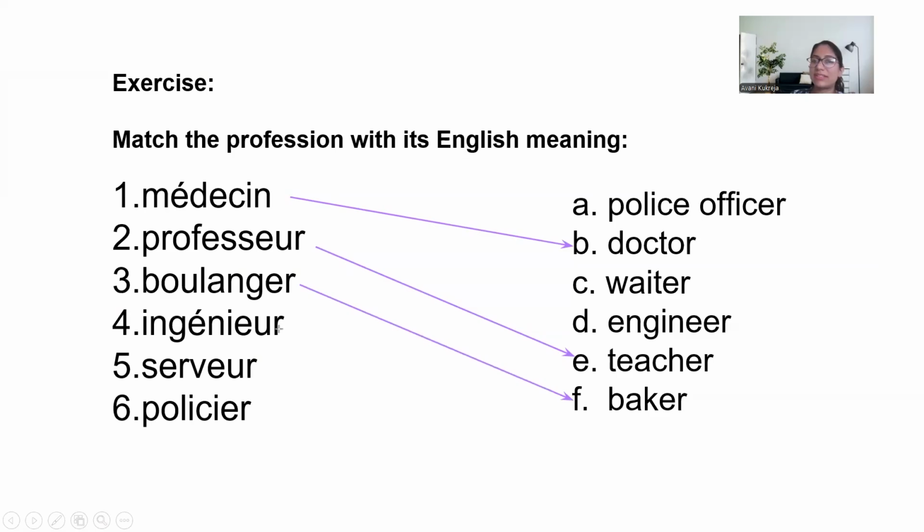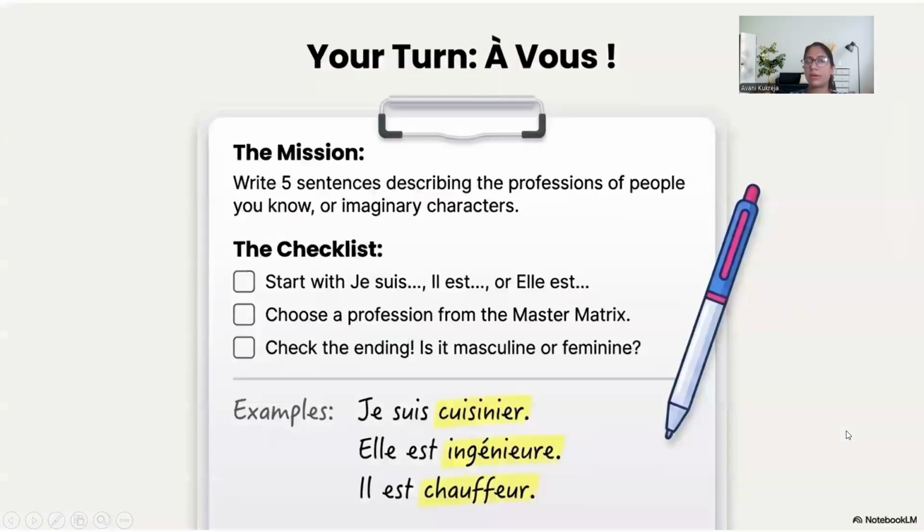Ingénieur is engineer. Serveur is waiter. Policière is police officer. Well done. Okay, so these were the basic professions for you today. There's a whole new list which I can also share with you, but that's about it for today.